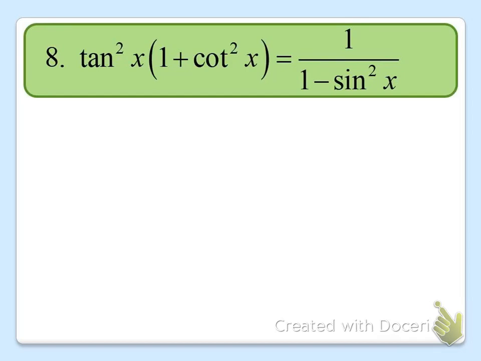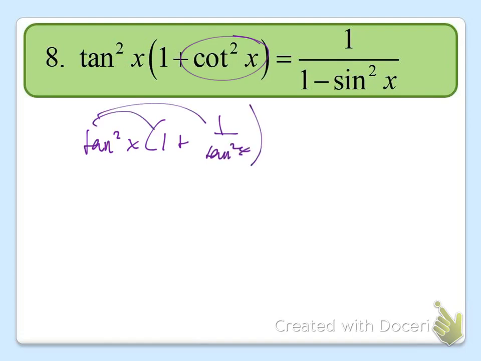Well, what if we rewrite this, not in terms of sine and cosine, but make that 1 over tangent squared x. Then we distribute. We get tangent squared x plus 1.